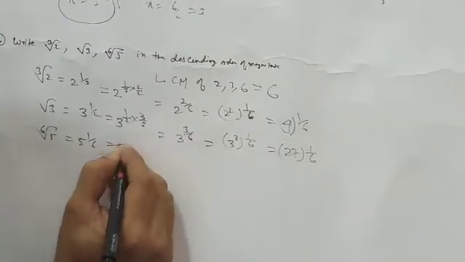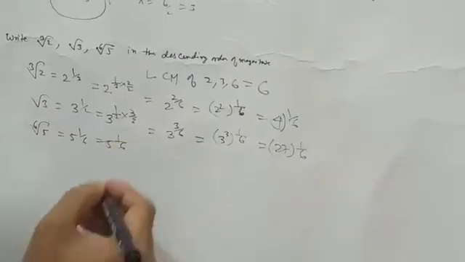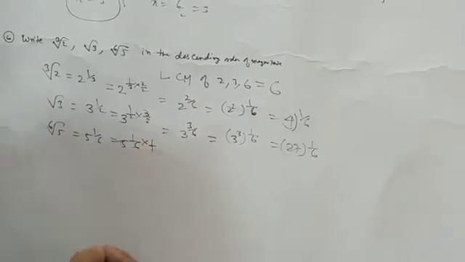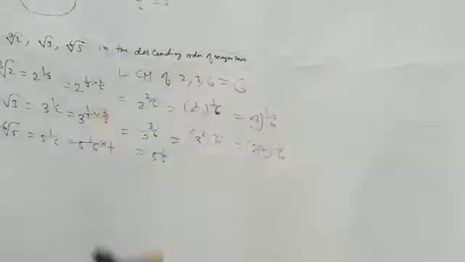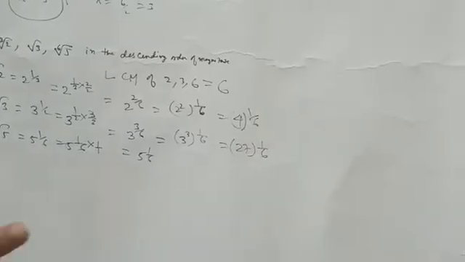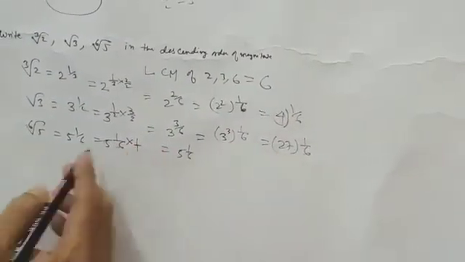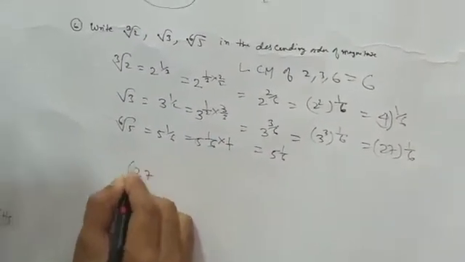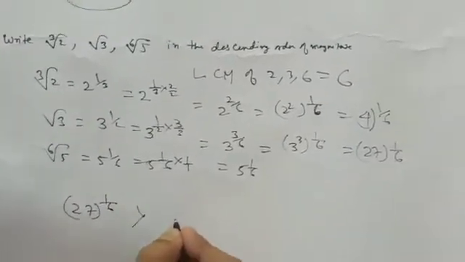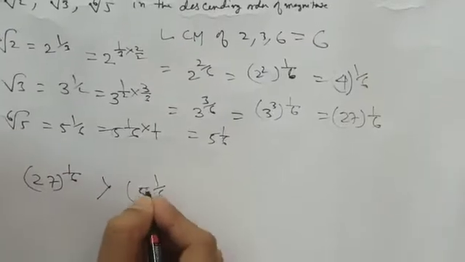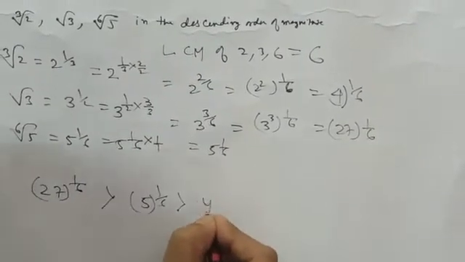Again here, 5 to the power 1 by 6, 1 by 1 only, so you keep it like this. So we find that the power is 1 by 6, 1 by 6, 1 by 6. So which one is greater as per the magnitude? 27 to the power 1 by 6 is greater than 5 to the power 1 by 6, which is greater than 4 to the power 1 by 6.